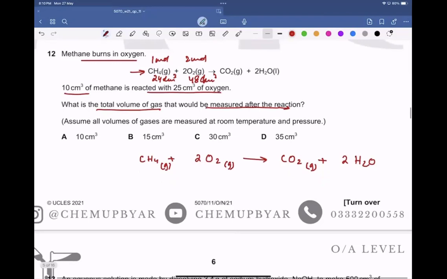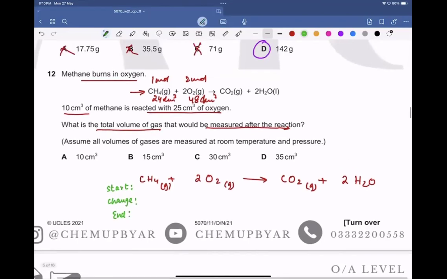Okay. Now let's do at the start, what change is occurring, and at the end, what is left. So at the start, we have 10 centimeter cube of methane and 25 centimeter cube of oxygen, and there is 0 of carbon dioxide and water. Is this understandable to all of you?